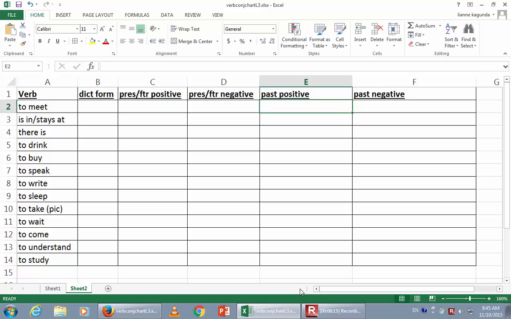So if I say magic pen ga arimasu, it could mean I have a magic marker, that's what they call it, or it could mean there's a magic marker, like there is one, it exists.